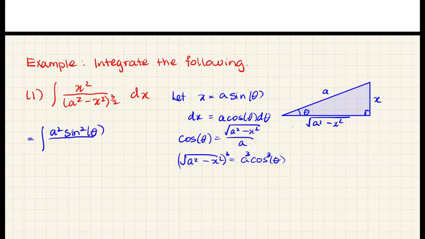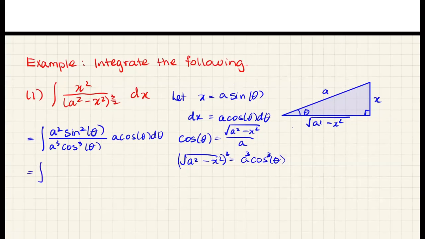And then in the denominator, since the square root of a squared minus x squared all to the power 3 is going to be a cube cos cube theta, you have a cube cos cube theta. And the dx we said was going to be a cos theta d theta.